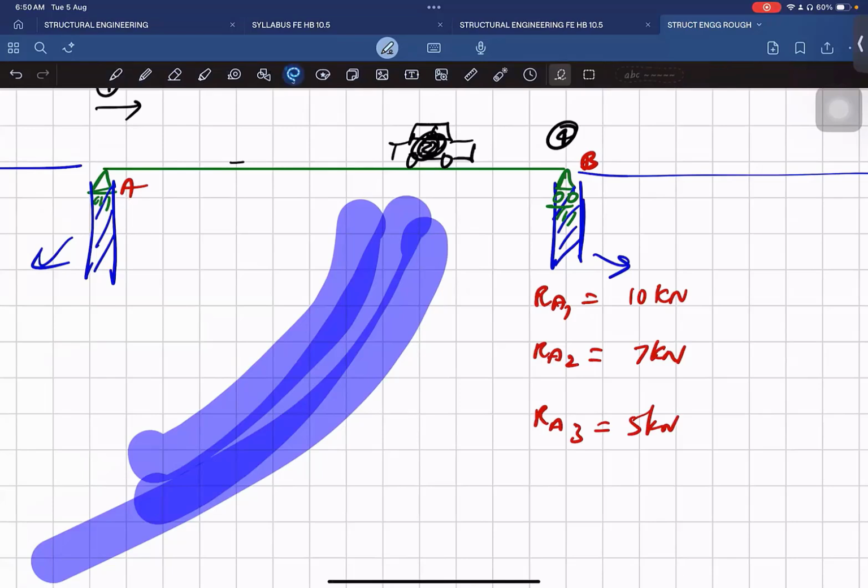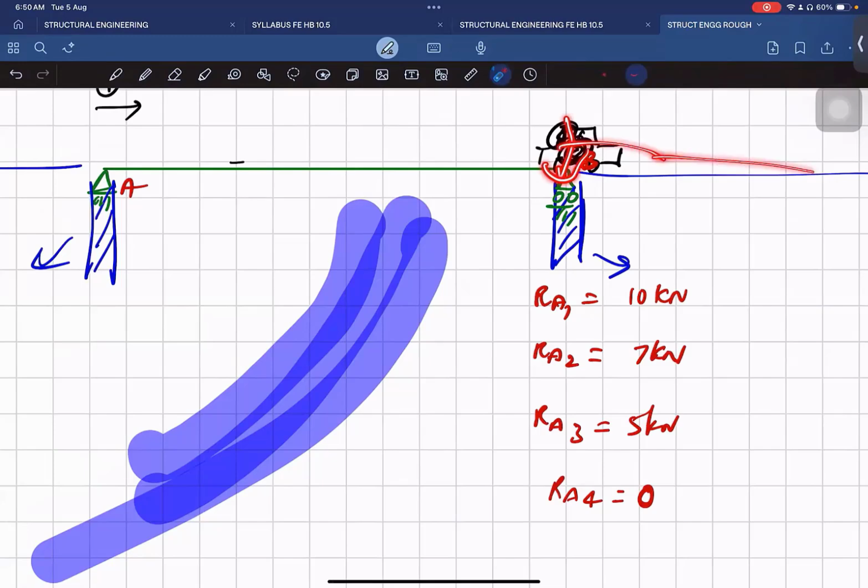The same funda applies here. When the vehicle has finally crossed the bridge, the reaction at A will be 0, because the entire load is transferred from here to here.